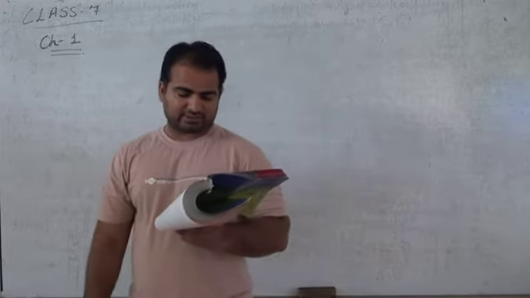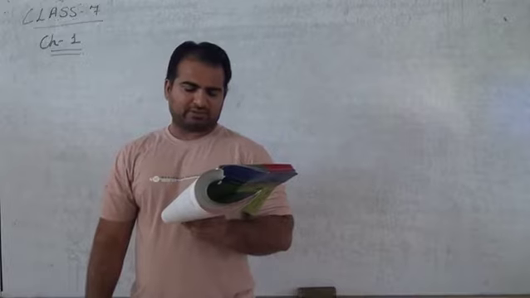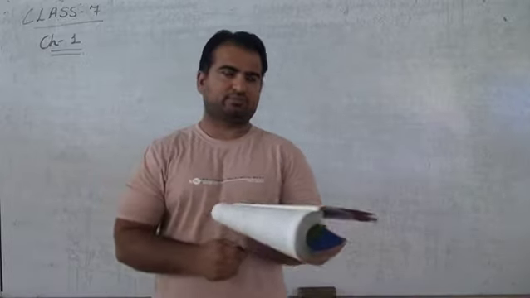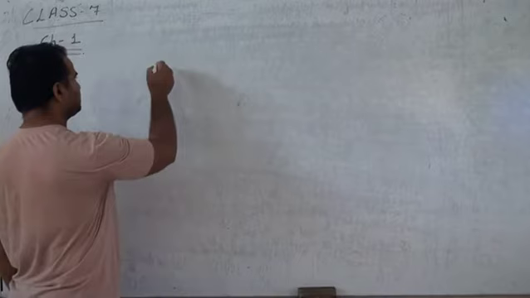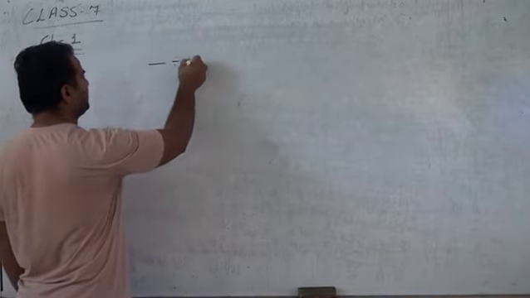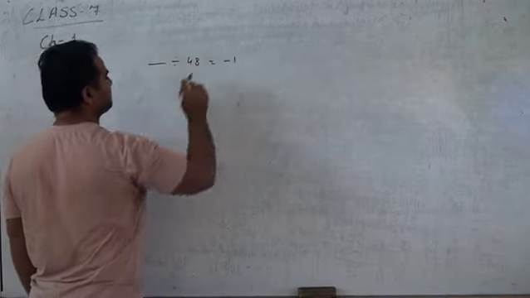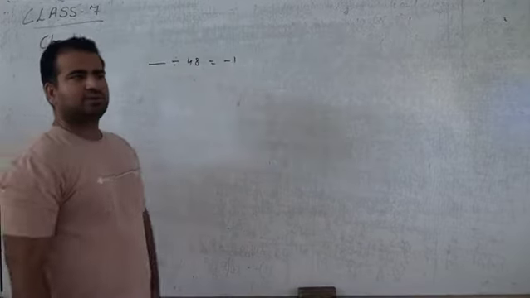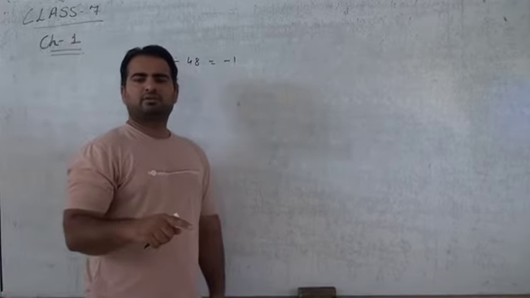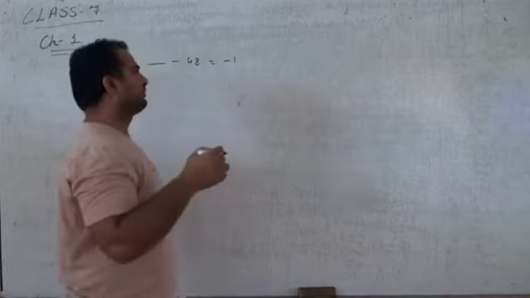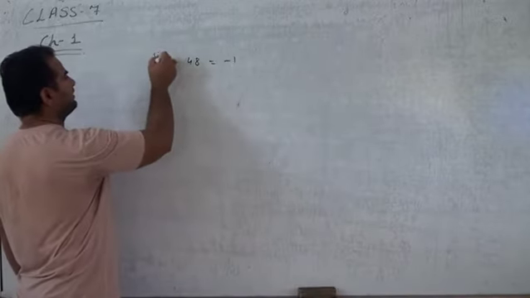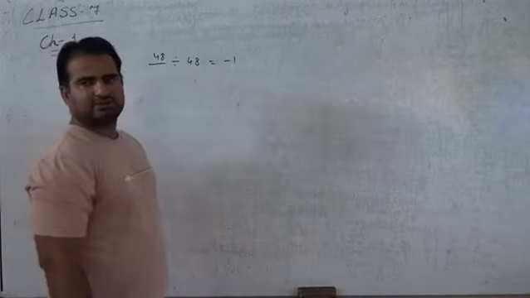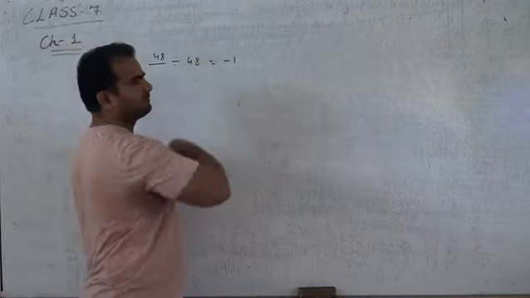Next: dash divided by 48 equals minus 1. We know that 1 will come when 48 is divided by 48, but the answer that you want is minus 1.